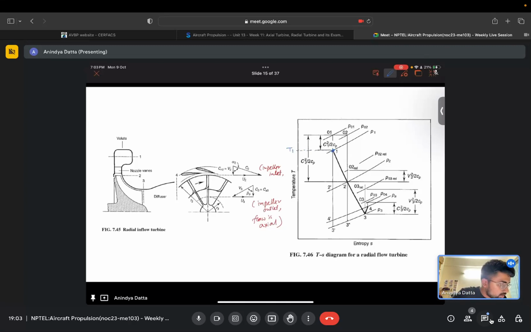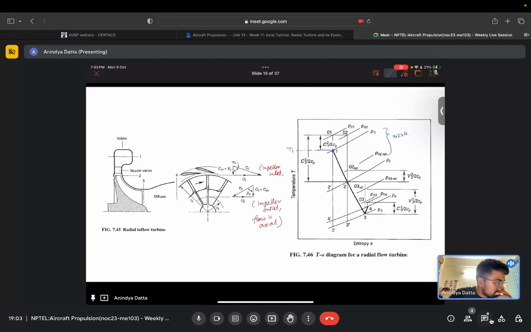Then from 1 to 2 is our nozzle. What happens in a nozzle? We know that in a nozzle the static pressure drops. From 1 to 2 you see the static pressure dropping from P1 to P2, and the entropy is also increasing.